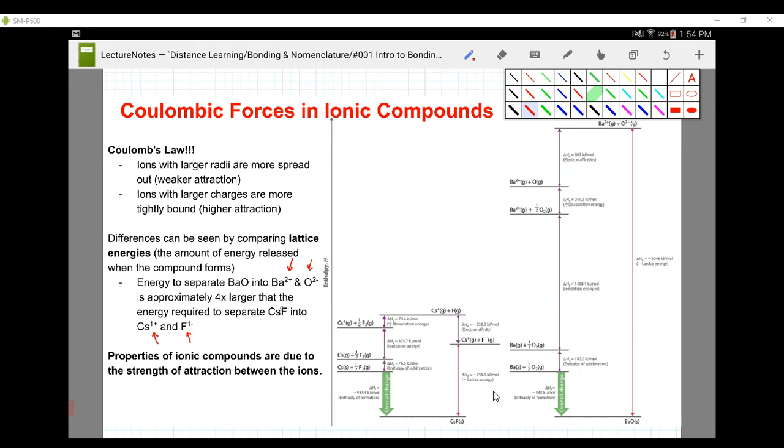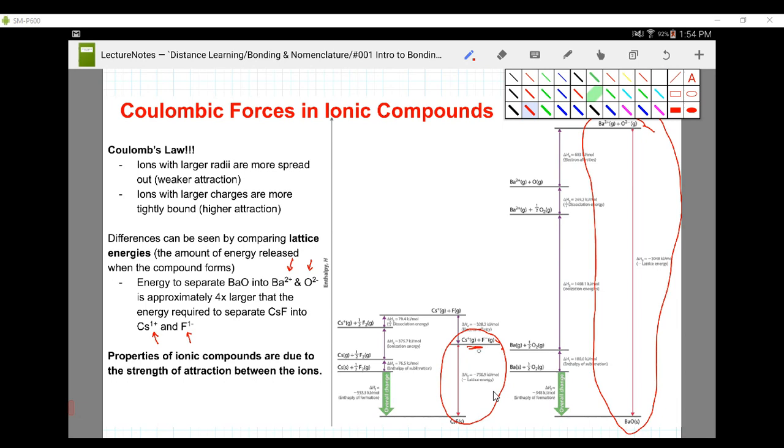In looking at the graph on the right, we can look at this red arrow. This red arrow represents the change to go from the compound to the separate ions. The labels on the two sides of those arrows represent an amount of energy referred to as the lattice energy, and it's the amount of energy that gets released when those ions come together to form the crystal.